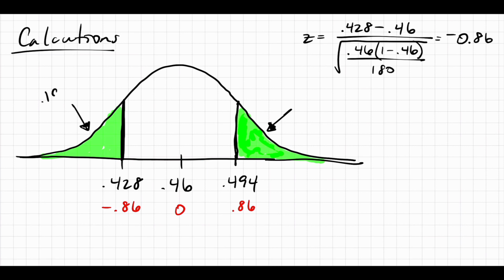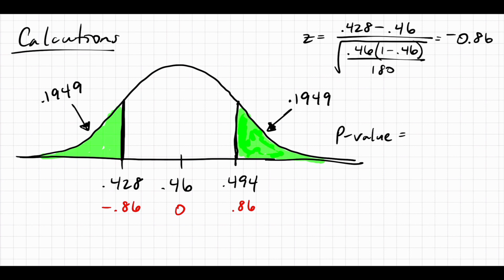That's only going to be one side. The other side is exactly the same. So our p-value is all of the green. Our p-value is actually double.